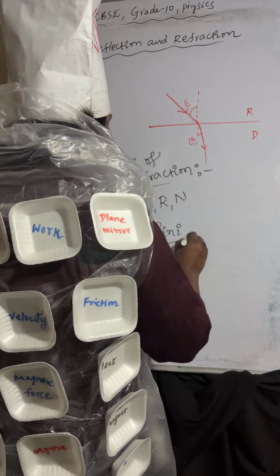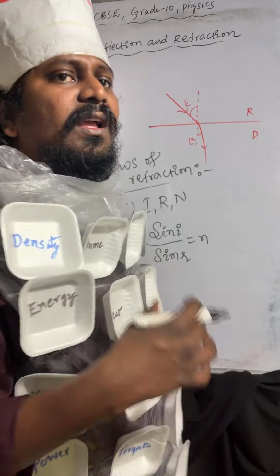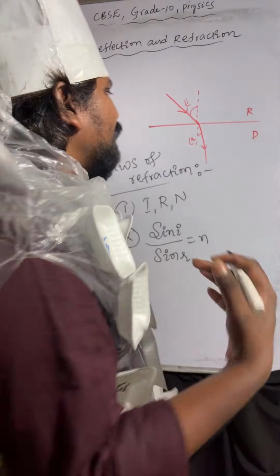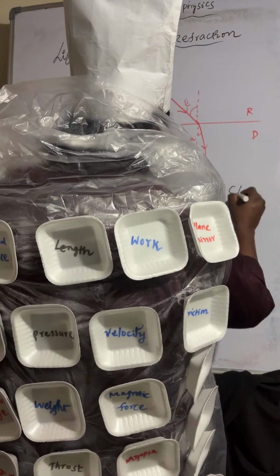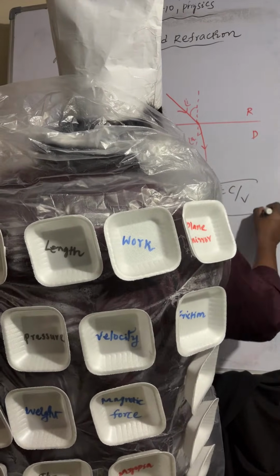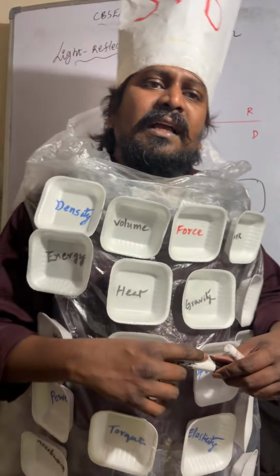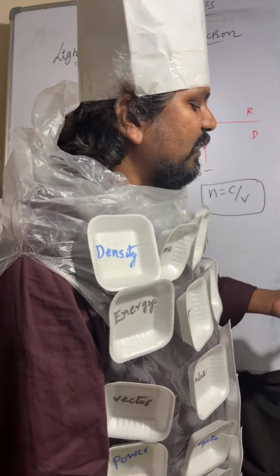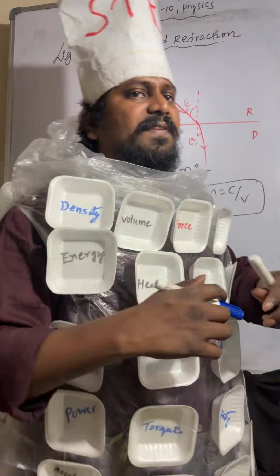That constant is called the refractive index. We have two types of refractive index: absolute refractive index, and after that, relative refractive index.